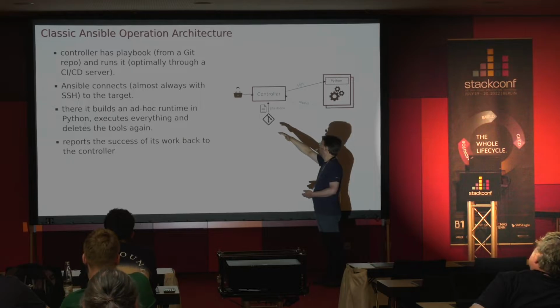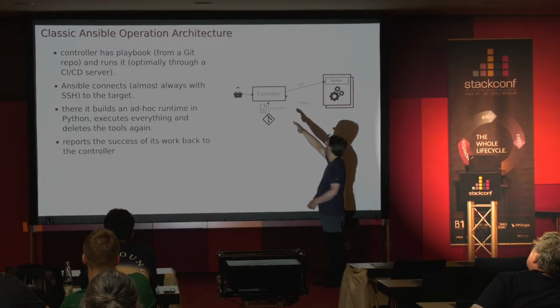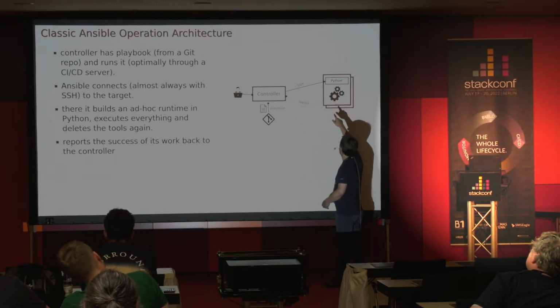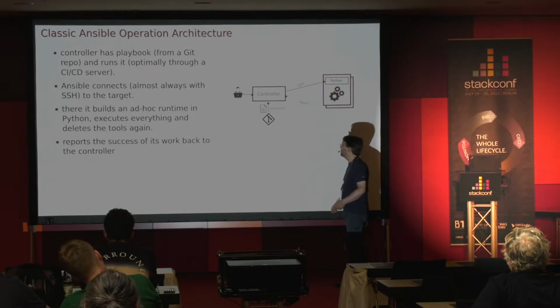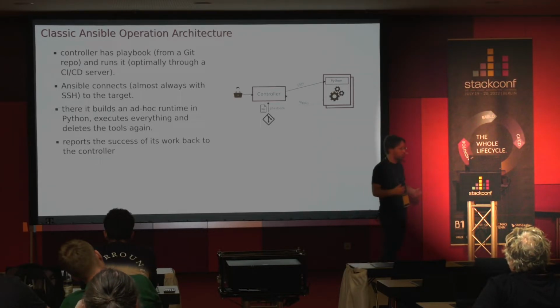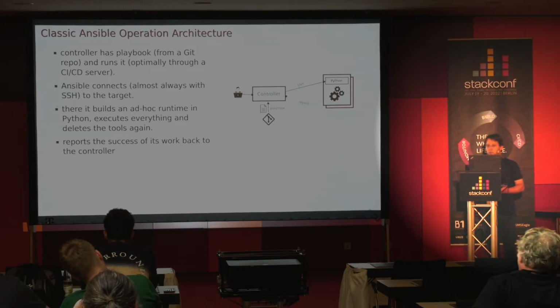We check out a playbook from a Git repository, and we execute this with Ansible. It connects via SSH to the target system. Something happens, and a report is returned to the user, and you can read that or store it or put this in your log store or whatever. So that is the classic Ansible operation architecture.